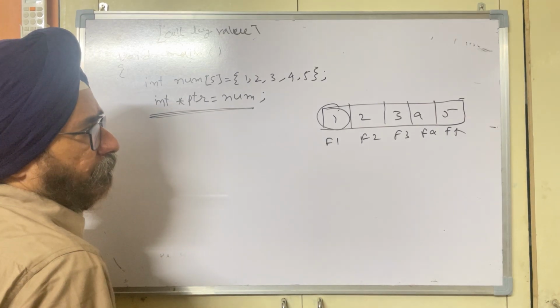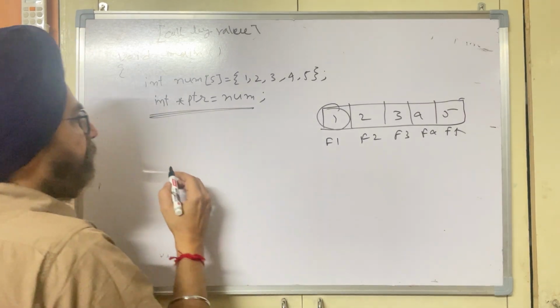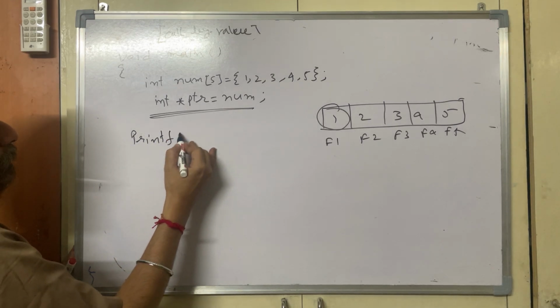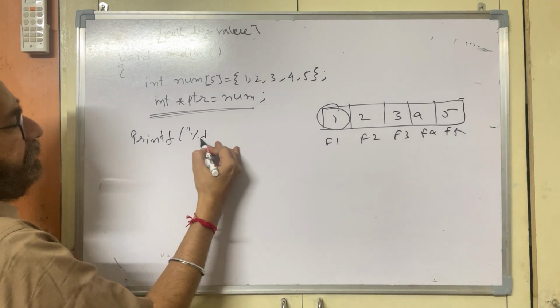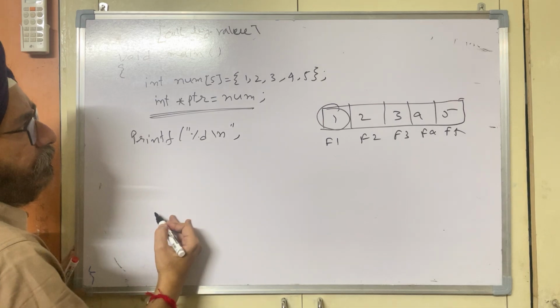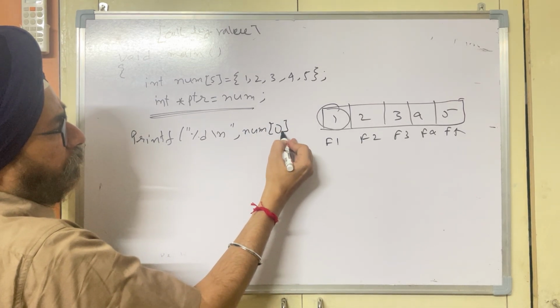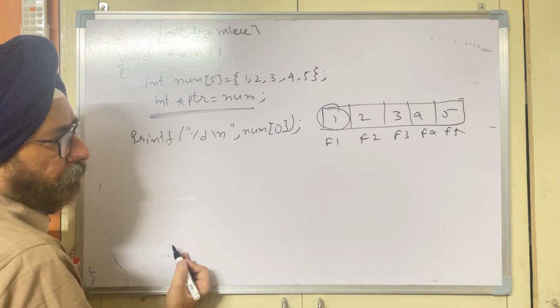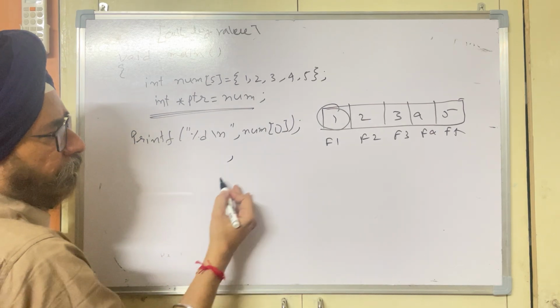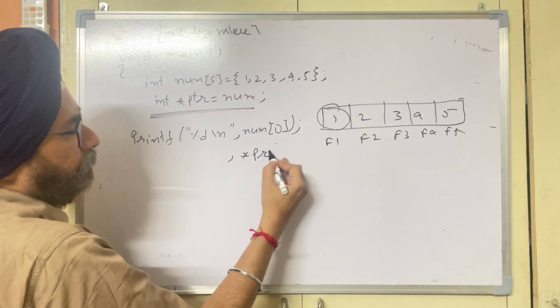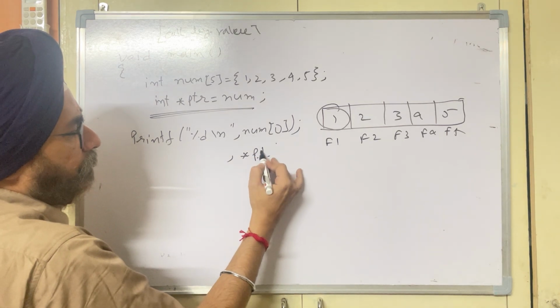Remember, if we print the value with printf %d, either num[0], you know that, or we can use asterisk ptr only.